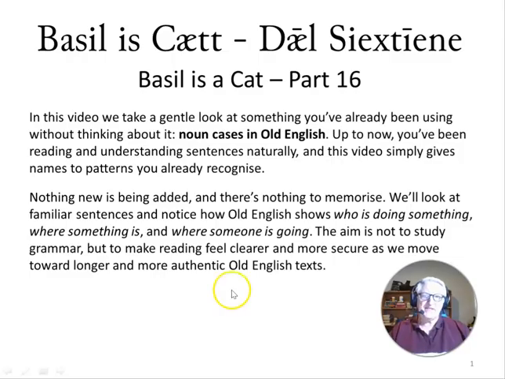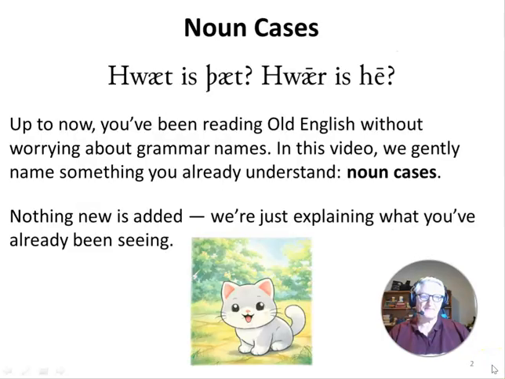We'll look at familiar sentences and notice how Old English shows who is doing something, where something is, and where someone is going. The aim is not to study grammar, but to make reading feel clearer and more secure as we move toward longer and more authentic Old English texts. So let's make a start.